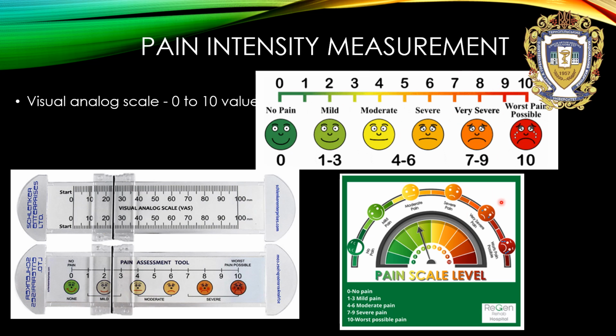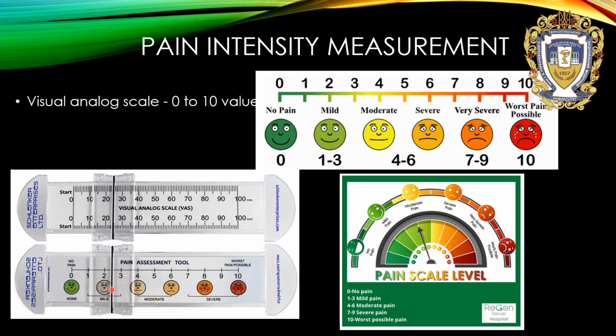There are shown different types of VAS, visual analog scale. I have this one. What are the principles of using this scale?